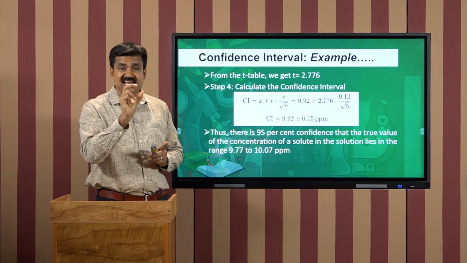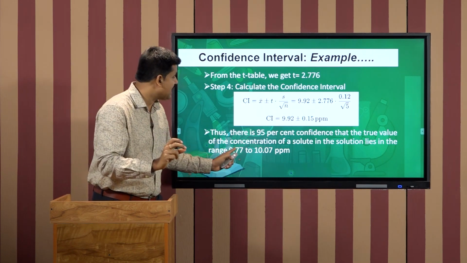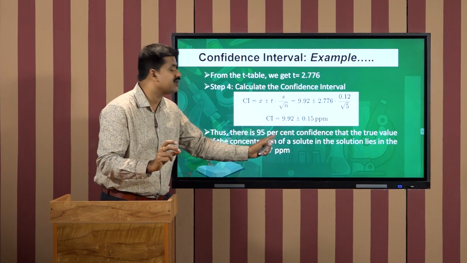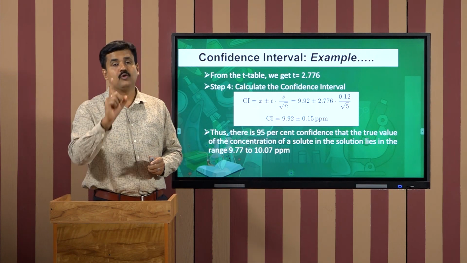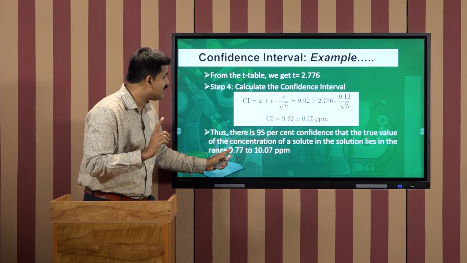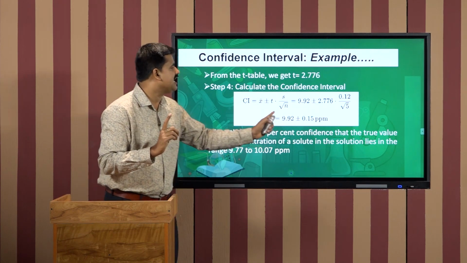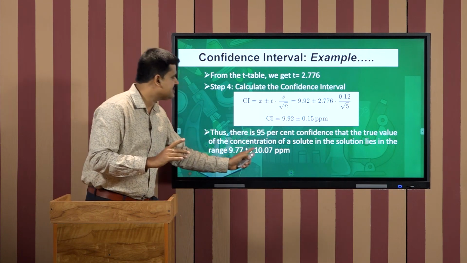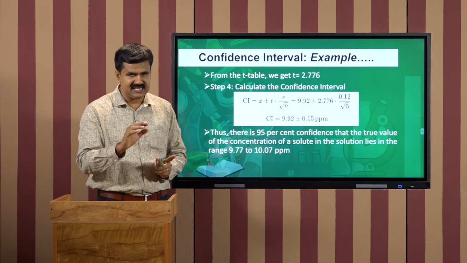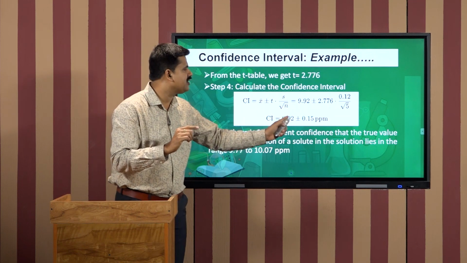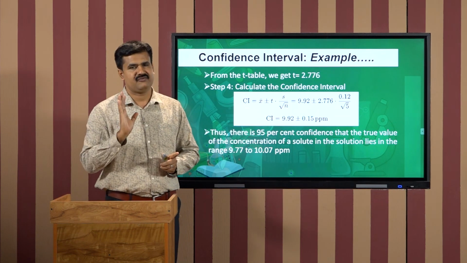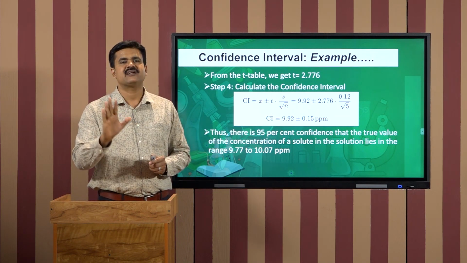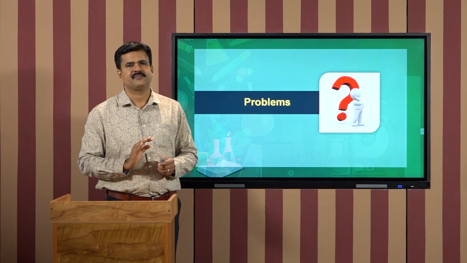So, that lies in the range of 9.77 to 10.07 ppm. Hope you got the point. This 9.77 is 9.92 minus 0.15 and this 10.07 is 9.92 plus 0.15. This is the interpretation of the result.